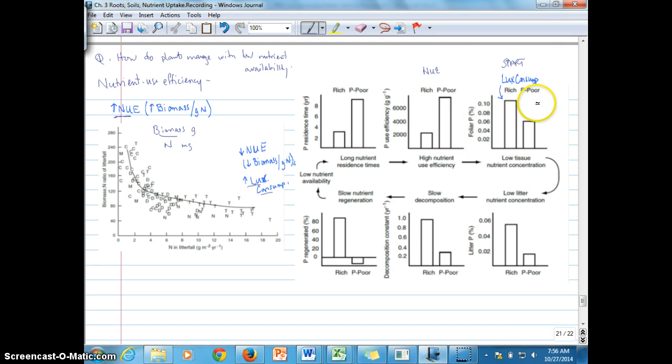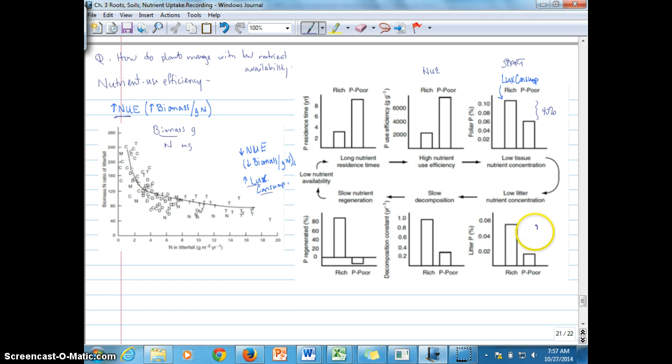One of the things that we want to highlight here, which connects to the next figure, is the amount of the difference here between plant tissue phosphorus in phosphorus-rich soils versus phosphorus-poor soils. And this is about a 40% difference. So when those tissues become litter, we would in general assume, without any prior knowledge, that there would be the same difference in the phosphorus content in the litter between phosphorus-rich soil and phosphorus-poor soil.